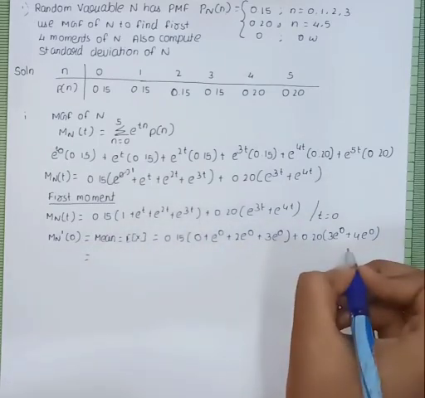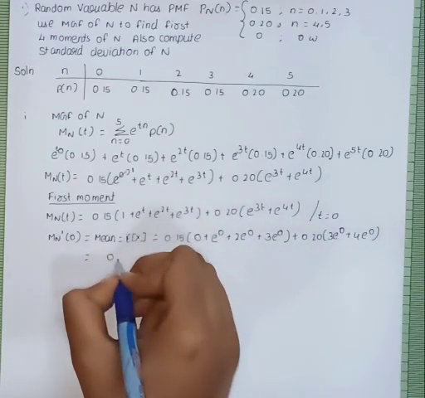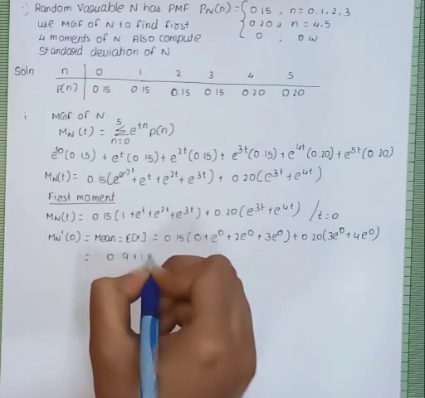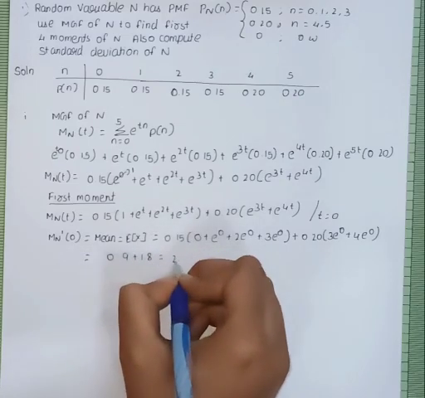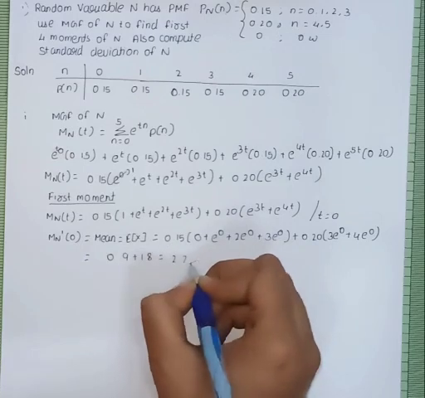If I simplify this, I'll get 0.9 plus 1.8, which is nothing but 2.7. This is our first moment.